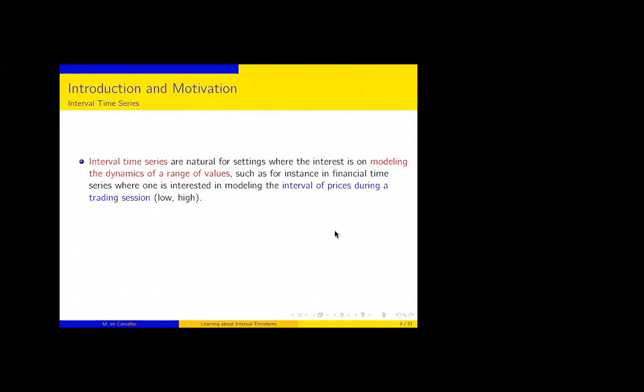Let me give you one example: intervals of prices during trading sessions. There's a low and there's a high. You have a stock market, a trading session, and prices will oscillate over time. You can record just the low as well as the high, and with that you get a daily interval rather than modeling just prices over time.